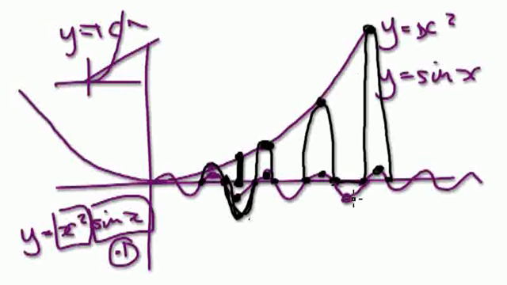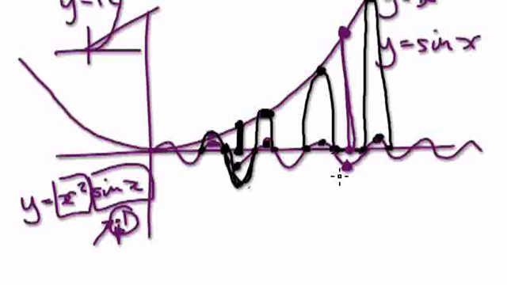X squared would be up here. Ignoring the sign at the moment, it will be this magnitude here. But when you take the -1 into account, it's going to get flipped, but with this magnitude. So it will be somewhere down here.